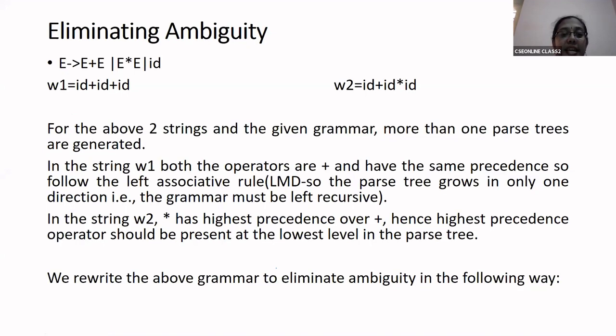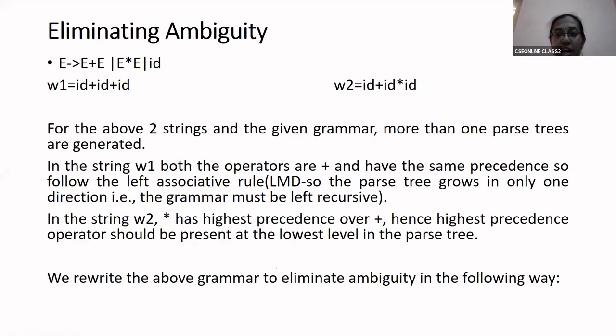The second rule to eliminate ambiguity applies when you have operators with different precedences. You have to make sure that the operator having the highest precedence gets evaluated first. So how do you make sure of this?